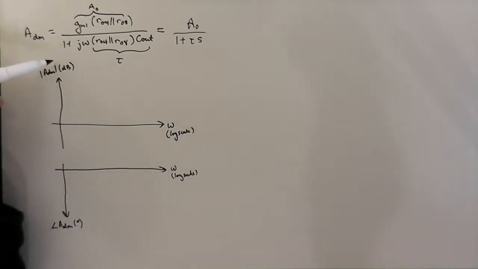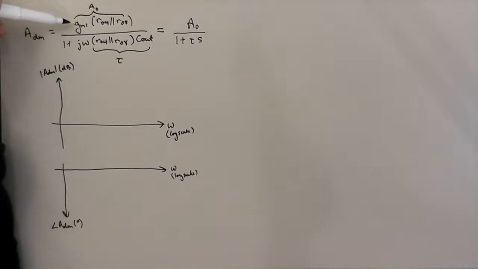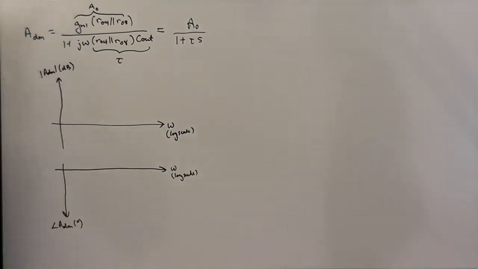And so we have here a gain that's positive. GM1 times RO4 parallel RO8 is a number on the order of 100, somewhere between 100 and 1,000 maybe in moderate inversion, depending on the bias current, maybe on the order of 60 or 80 with strong inversion biases.